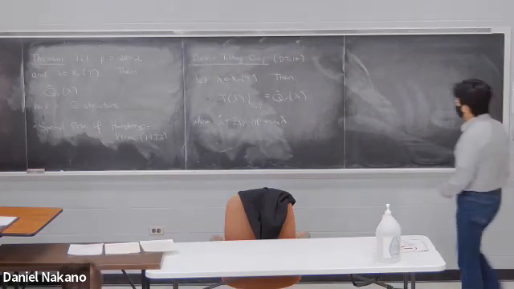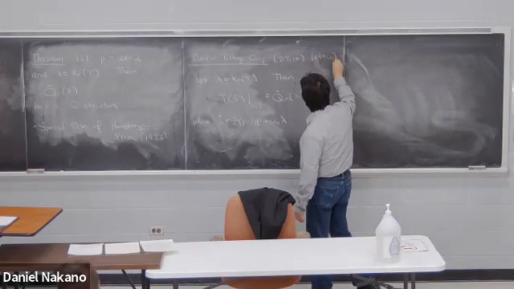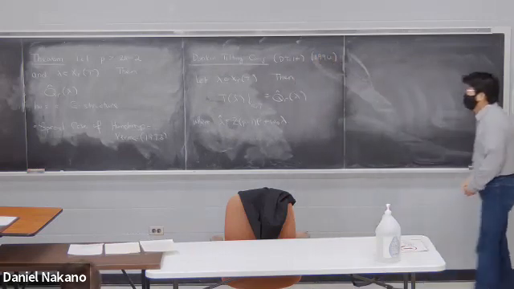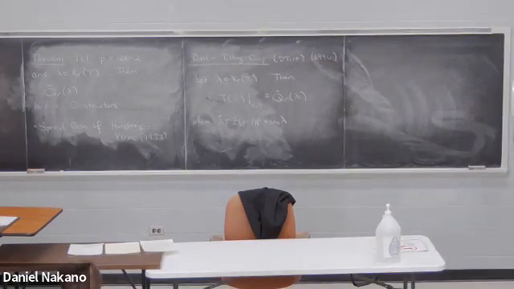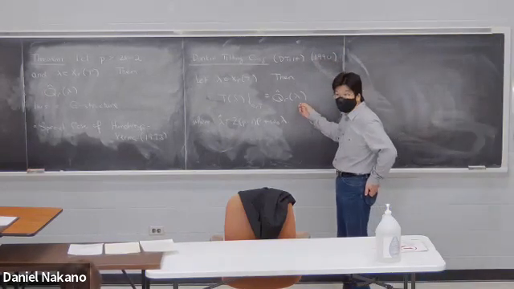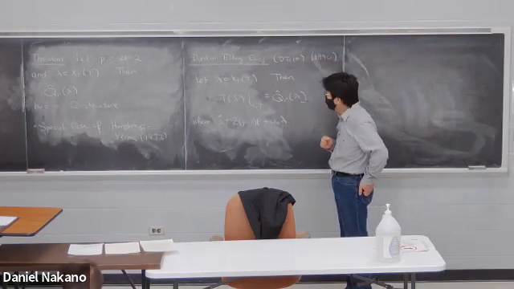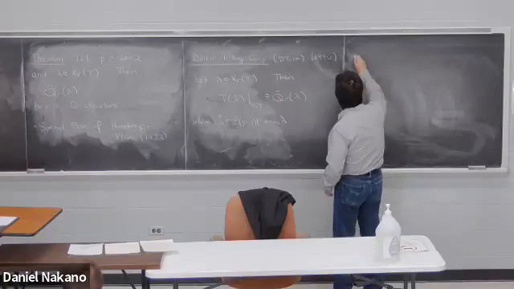So Donkin made this conjecture in 1990. This gives you a G module which actually restricts down to this projective indecomposable module.